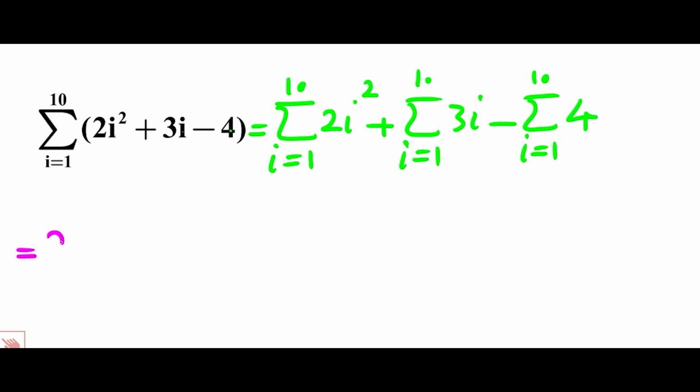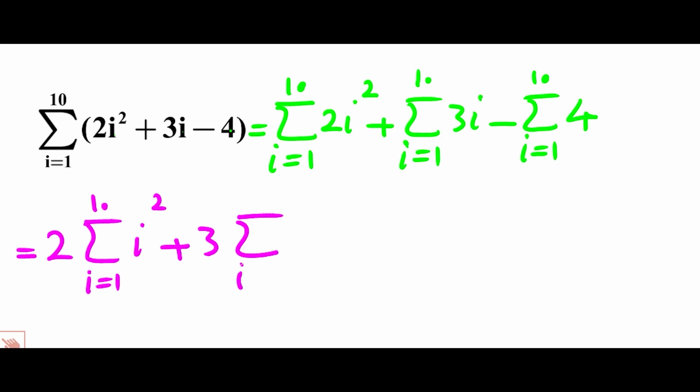So we have 2 times the sum of i squared from i equals 1 to 10 plus 3 times the sum of i from i equals 1 to 10 minus the sum of 4 from i equals 1 to 10.